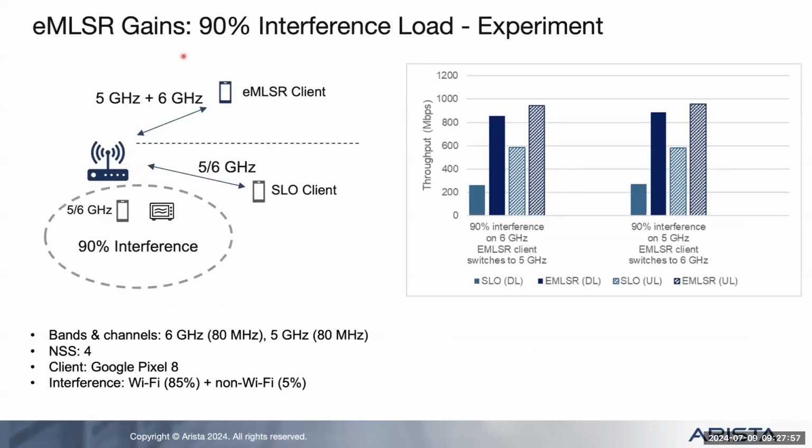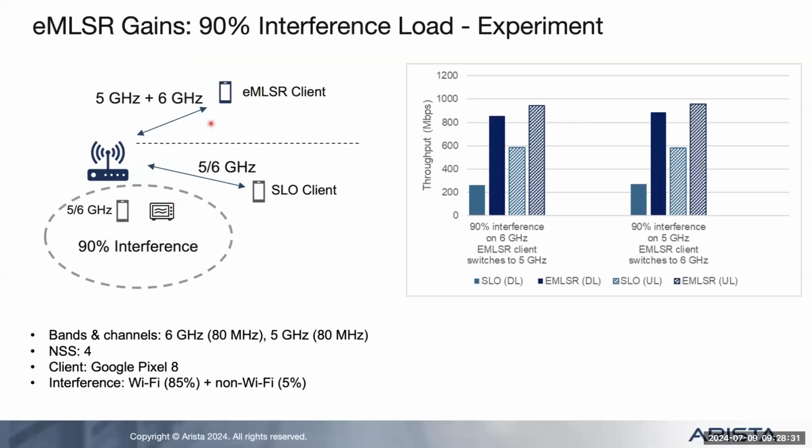Okay. So for the EMLSR gains at 90% interference load, this is a real client experiment we did, where we have a Google Pixel 8 connected here, and both 5 and 6 gigahertz are operating at 80 megahertz channelization. This time we induced interference close to 90% by having 85% Wi-Fi interference and 5% non-Wi-Fi interference in this environment.